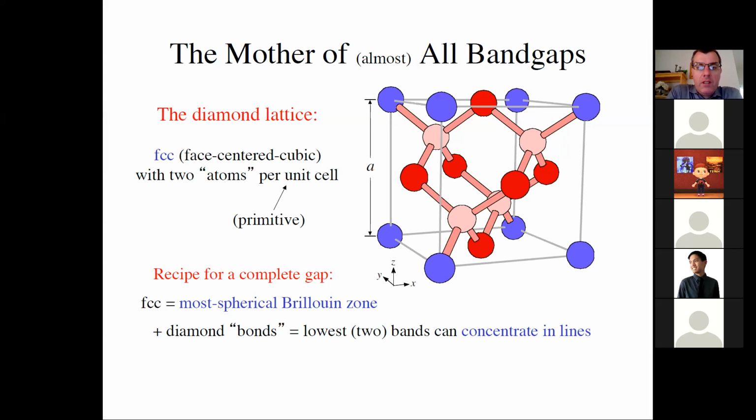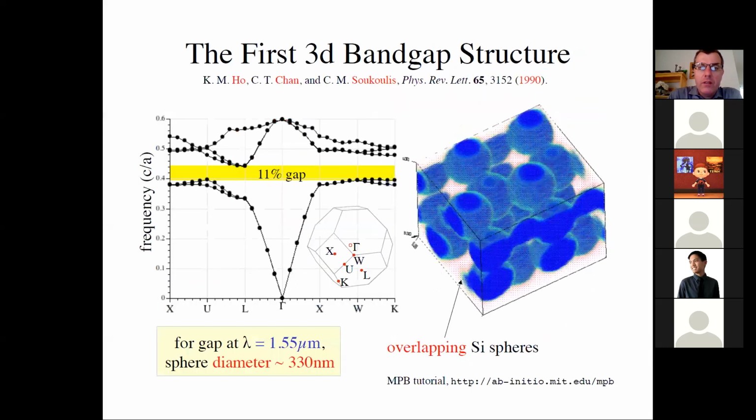And amorphous silicon, which locally forms these 4 bonds, just like the carbon atoms in diamond, amorphous silicon is a useful semiconductor, and diamond lattices are very useful photonic band gap materials.